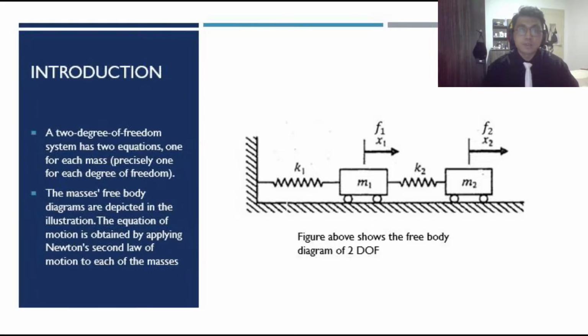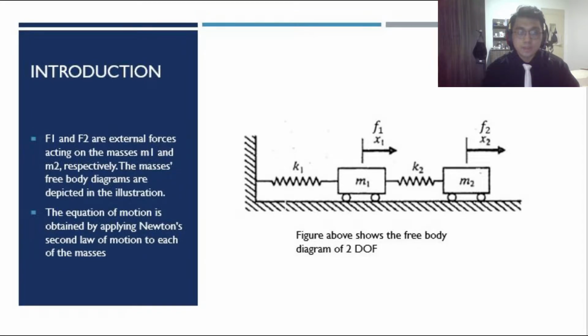The masses' free body diagrams are depicted in the illustration, and the equation of motion is obtained by applying Newton's second law of motion to each of the masses. F1 and F2 are external forces acting on mass 1 and mass 2. The equation of motion is obtained by applying Newton's law of motion as shown in the illustration given.